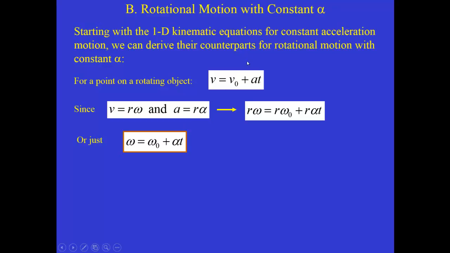So if you remember your one-dimensional kinematic equation for velocity, you should be able to remember this equation for angular velocity, all right? Now, we can do the same kind of thing with all of the other rotational kinematic equations. And I'm not going to work through the derivation, but it's just as simple as this one here for all of those constant acceleration equations.